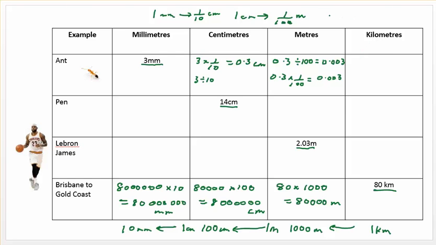And then finally kilometres, well, one metre is 1,000th, right? Remember 1,000 metres makes up a kilometre, so 1 metre is 1,000th. So now we need to divide by 1,000, and we're going to end up moving the decimal point 3 places, so we get three more zeros.